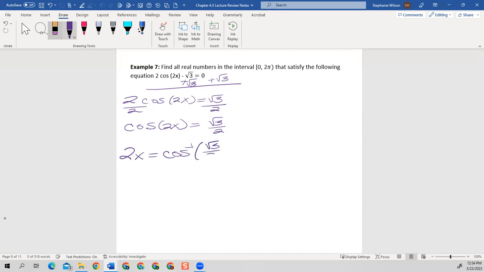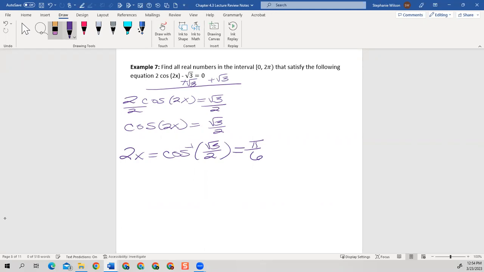Let's take the inverse of cosine of square root of 3 over 2, and it gives me, oh yeah, and put it in radians, which is going to be pi over 6. It's positive, so I know that my S is greater than 0. I also know that when I go to my unit circle, I found that it's going to be, well, before I go any further, let's just keep solving this right quick.